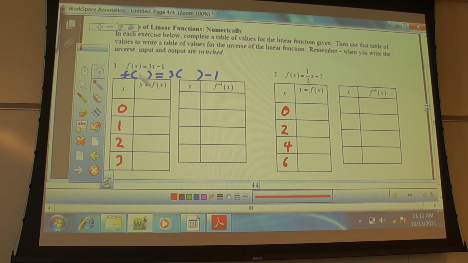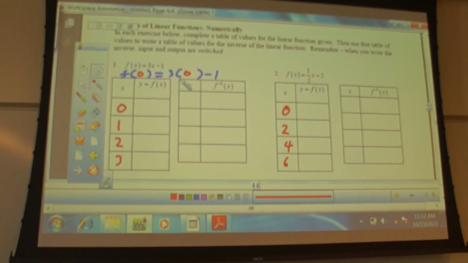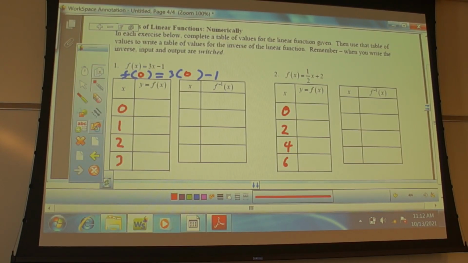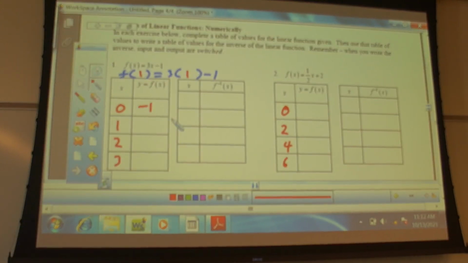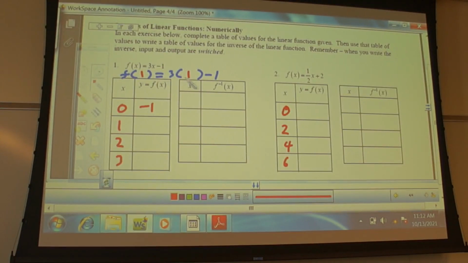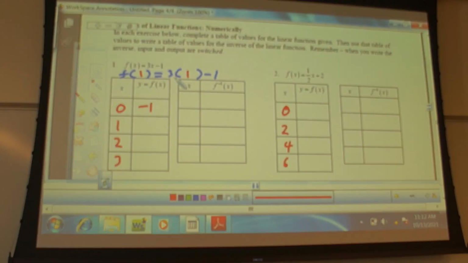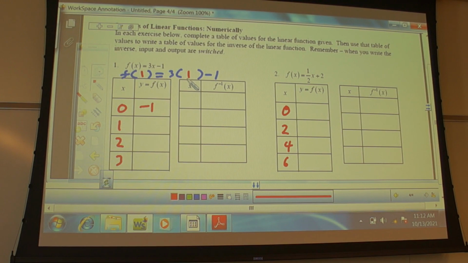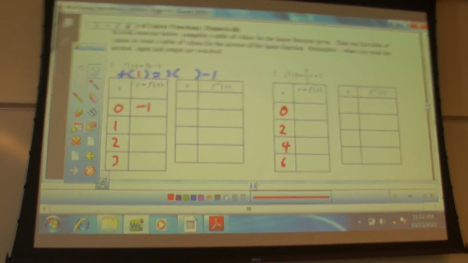If I put 0 in here, what do I get? 3 times 0 is 0, minus 1, negative 1. If I put 1 in there, what do I get? 3 times 1 is 3, minus 1 is 2. Great.